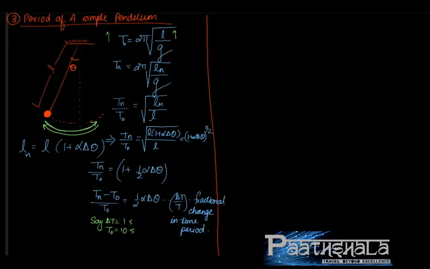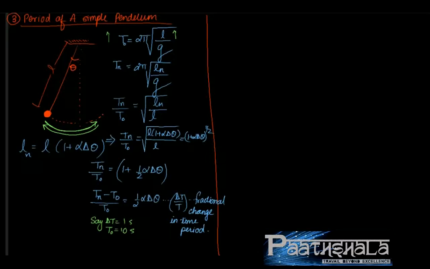So total error in 100 oscillations is how much? 100 seconds. So now instead of carrying out 100 oscillations in 100 T naught seconds, it will carry out 100 oscillations in 100 T naught plus 100 seconds, no? T naught value was 10 seconds. So I just substituted: 100 into 10 plus 100 is equal to 1100 seconds.